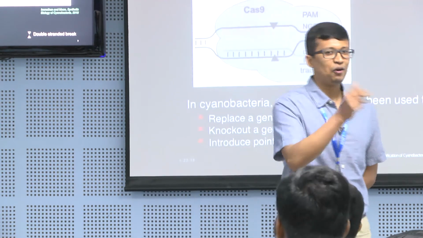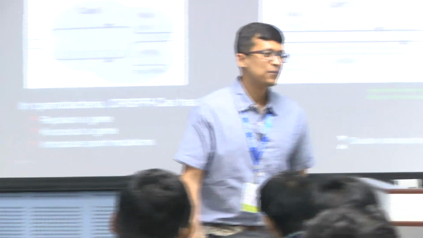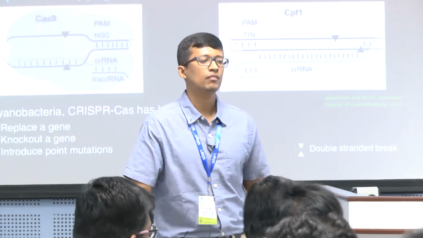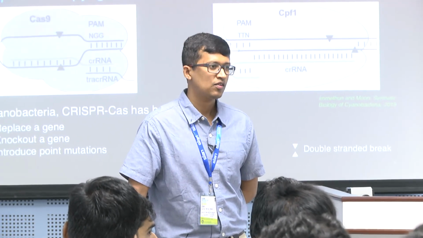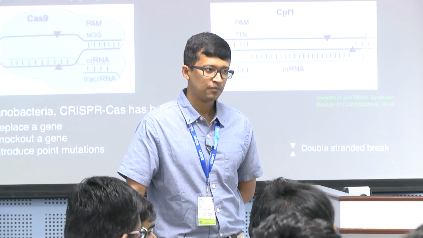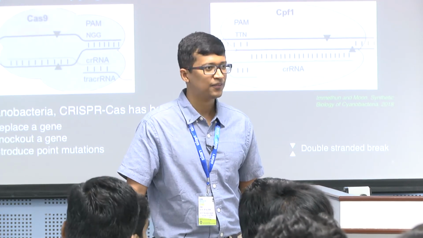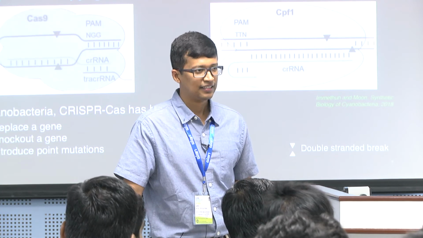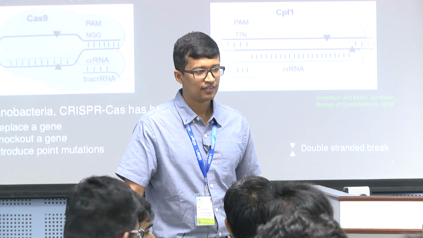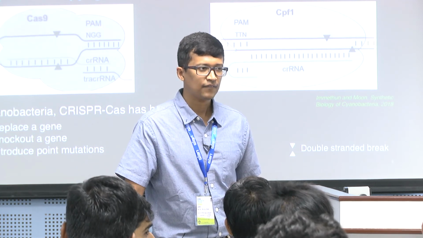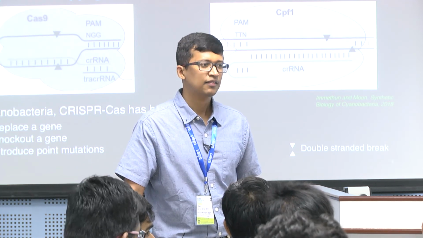But anyway, go ahead. So it was actually discovered to be a sort of adaptive immune system in bacteria. Right. So bacteria get infected by a lot of virus particles. What the CRISPR-Cas system has evolved in bacteria is that if a virus attacks the bacteria, the virus will insert its genetic material.